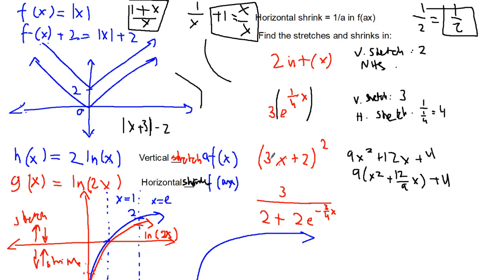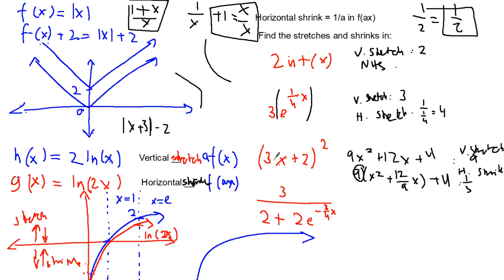So you could say this is a vertical stretch of 9, which I don't recommend you do. I recommend you say it's a horizontal shrink of 1/3. Because if you just look at this function, you have 3x and then the square. Since it's in the parentheses, it's f of ax.